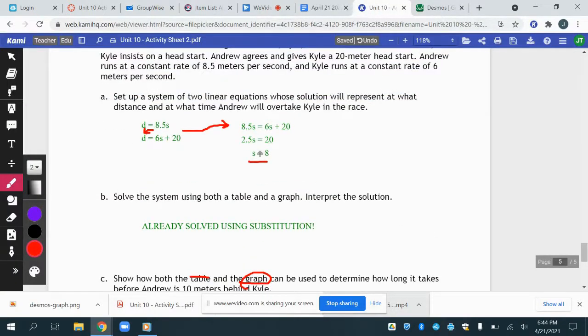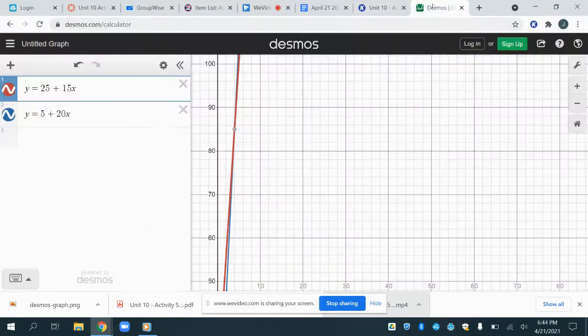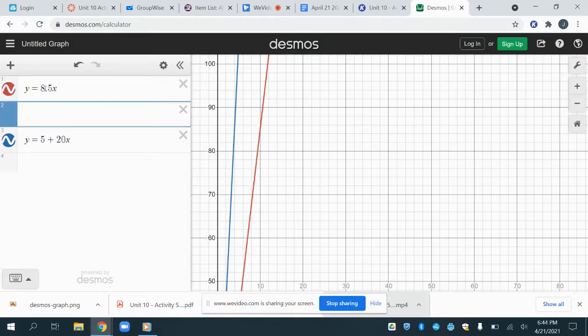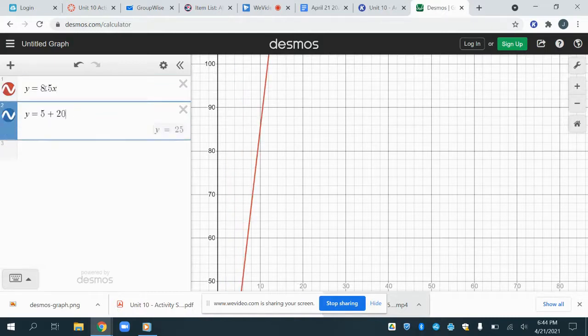I could also plug 8 seconds in here and figure out how far they'll run. But let's use the graph real fast. y equals 8.5x, and y equals 6x plus 20. There. That's our two equations.